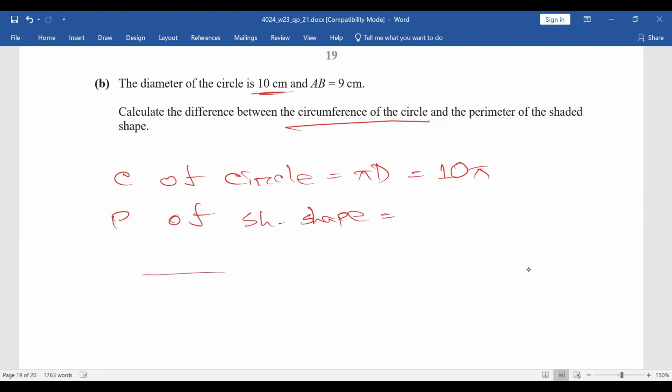Okay, the perimeter of the shaded shape looks kind of like this. So there are two straight lines and two curved lines, two arc lengths. So this length is 9 centimeter, 9 centimeter, and we have to find the arc length.